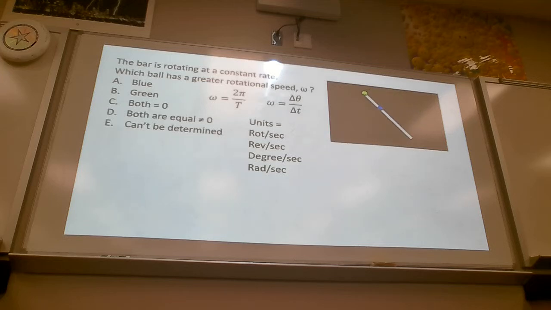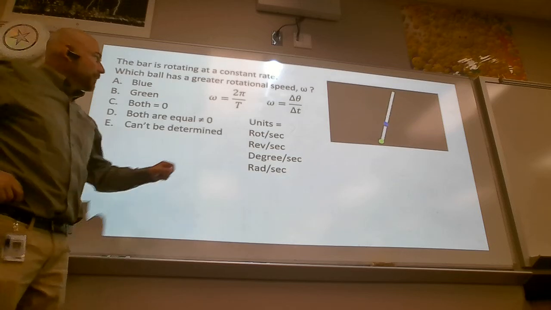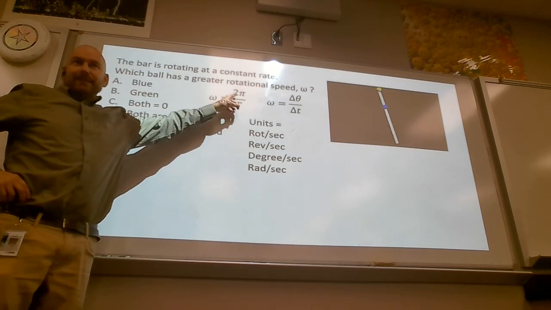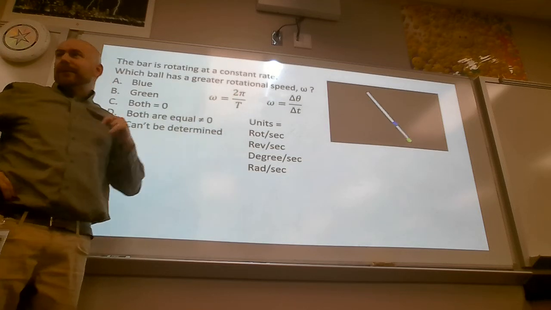Which one has a greater rotational speed? So people who are not in pre-cal, 2 pi is the same thing as 360 degrees.